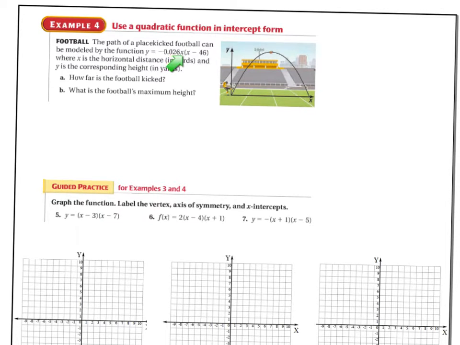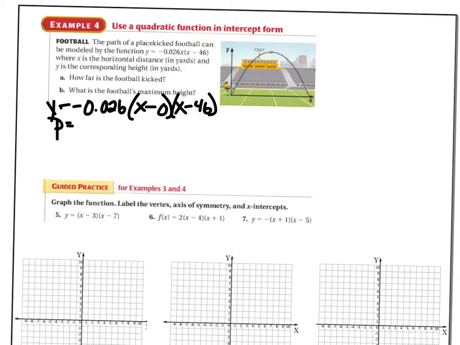Now if you notice here, they just have an x there, and that represents your initial horizontal distance. And so I'm going to write it in just a different way and put in the 0 that is connected with that. It's really x minus 0 because your x-intercept is 0 at its starting position. And then you have x minus 46.